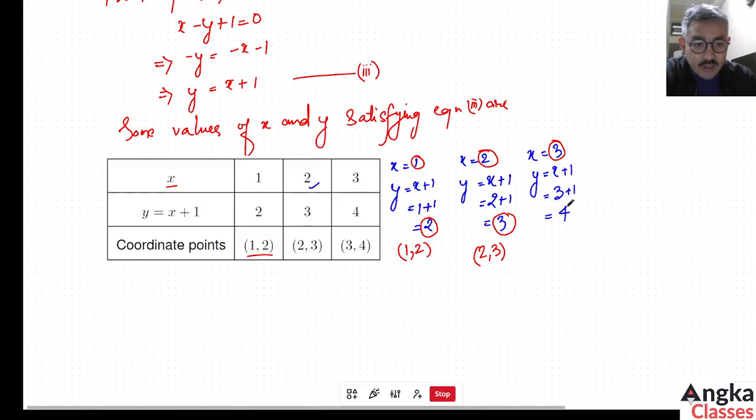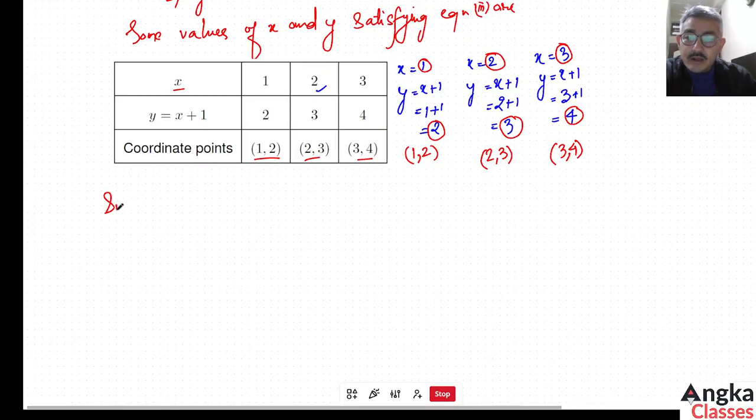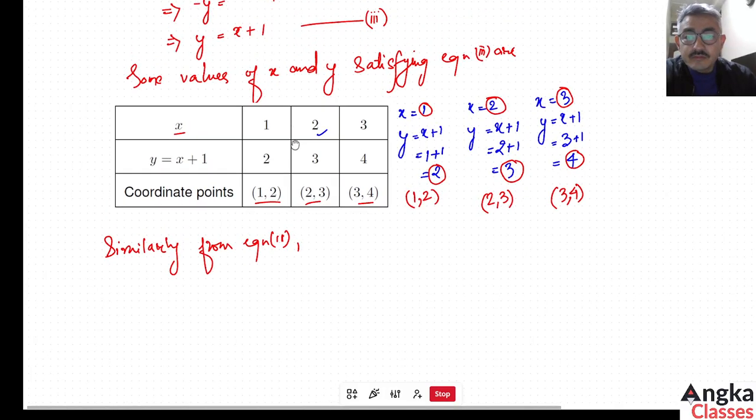When x is equal to 3, y is equal to 4, so the next coordinate is 3, 4. So the three coordinates are 1, 2, 2, 3 and 3, 4. Similarly, from equation 2.